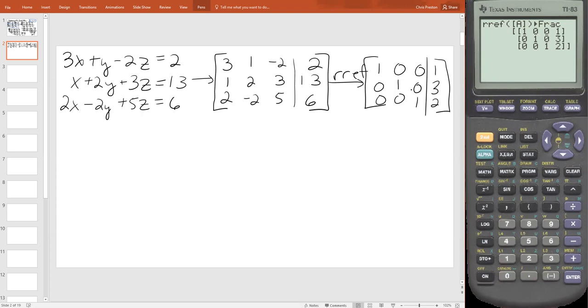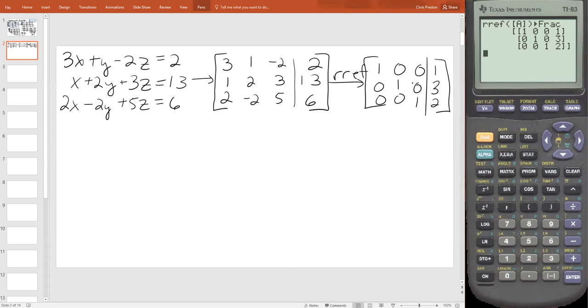Now, I would strongly recommend you translate this back into equations. If you look back at the original problem, 3 was the coefficient of x, 1 was the coefficient of y, -2 was the coefficient of z, and then equals 2, that was the constant it was equal to.